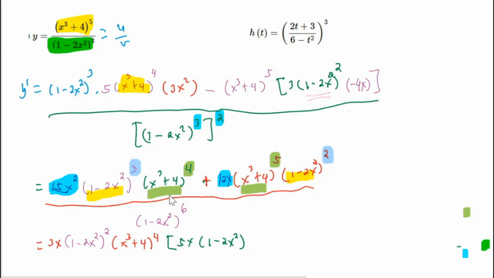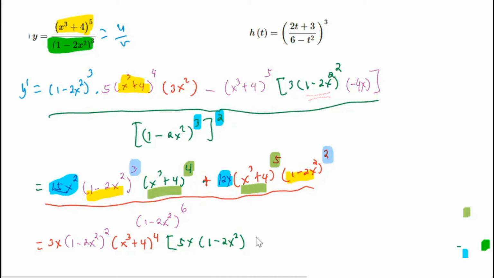On the third factor, we have the fourth power of x cubed plus 4 divided by the fourth power of x cubed plus 4. Since they are the same base and the same exponent, it is just equal to 1, or we can just cancel out. No need to write 1 in this part because this is a product form. 1 times these other factors will give us the same factors.